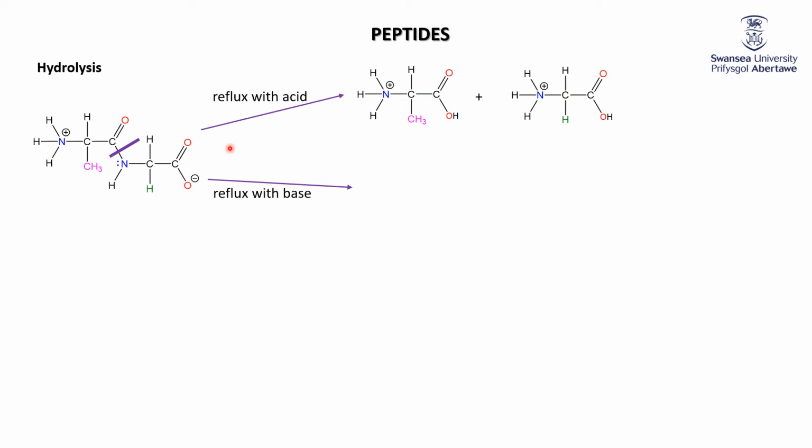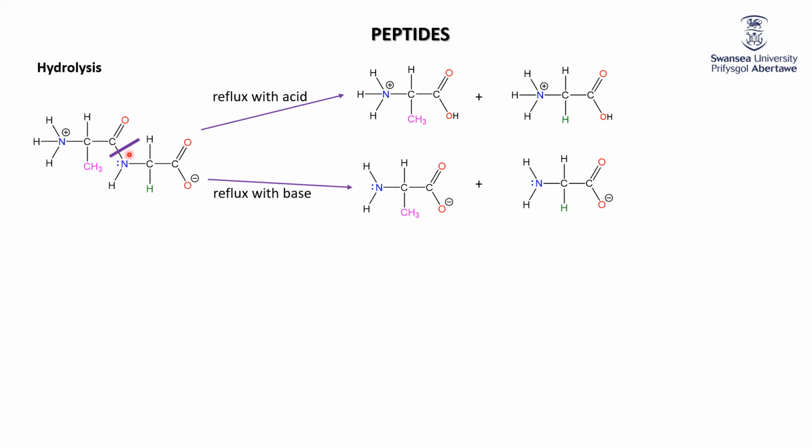And of course refluxing it with base will end up giving us everything in the base form. So the alanine end, this conjugate acid end, will return to the base end. Cleaving it here would give us the carboxylic acid, except we're in base, so we're going to get the conjugate base version. And as far as the glycine end is concerned, we've already got the conjugate base of the acid.